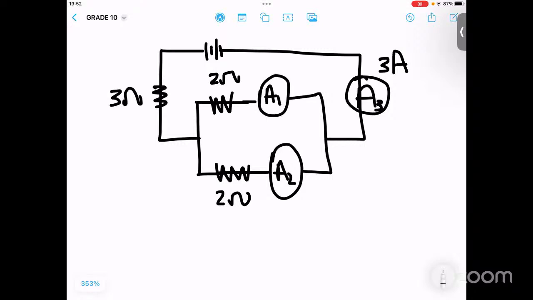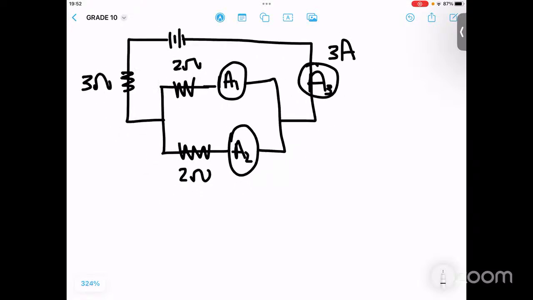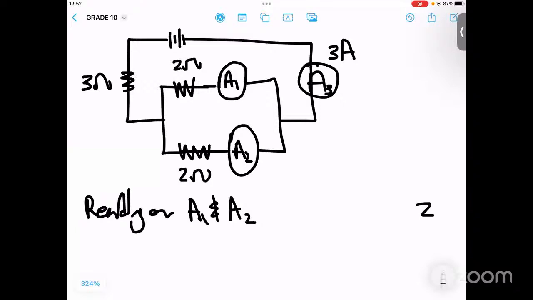Yes. This is what they give you, honorable members. And then the question comes and they say, reading on A1 and A2. And for this question, they give it 2 marks.